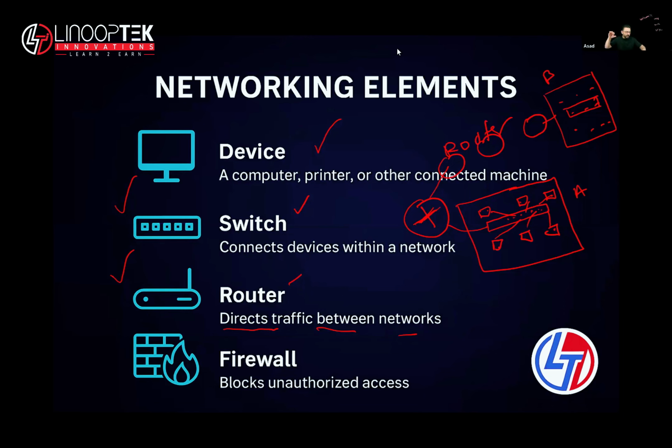You need a router in order to connect those two networks, multiple networks. So every network essentially has what? It has a switch, it has a router, and it has a firewall.